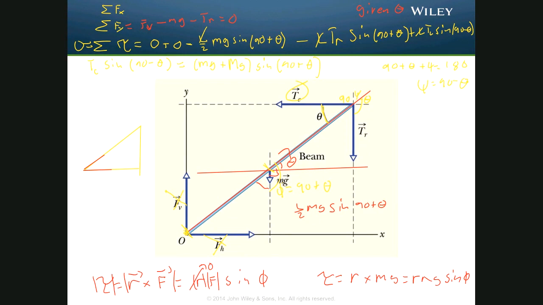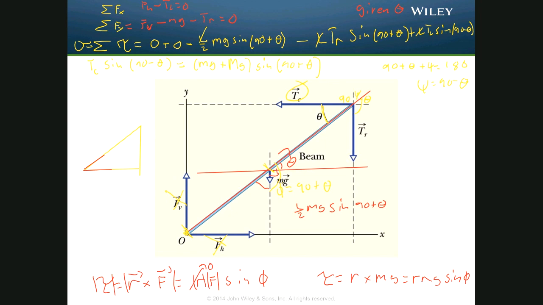So if we look in the x direction, you'll notice we have Fh minus Tc equals 0. And now this is where things get a little complicated. The good news is once you find Tc, you find Fh, so that's not bad.